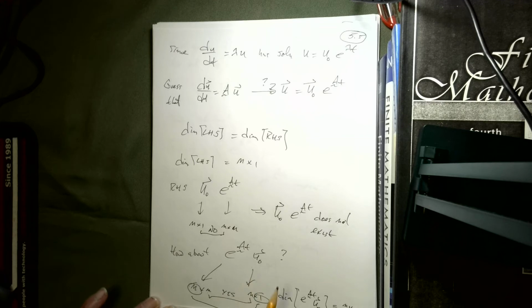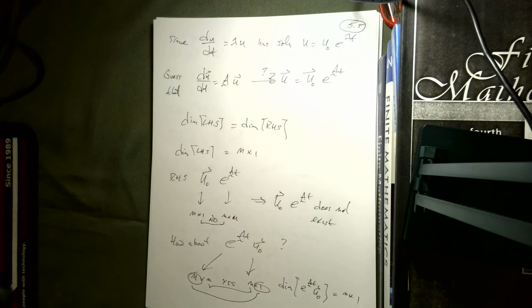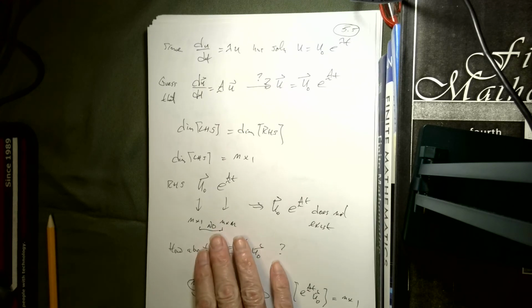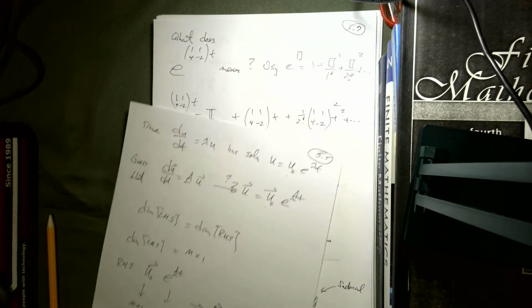This is an n by 1. These match up. Makes sense. The result is an n by 1, and the dimensions on the left side are equal. Makes sense.